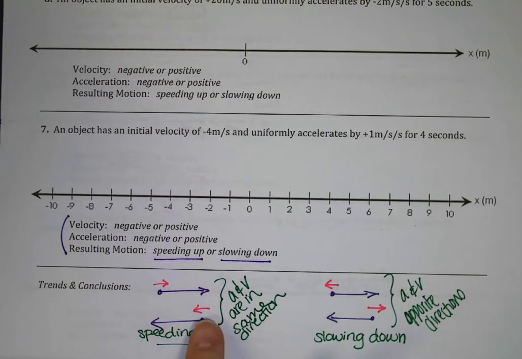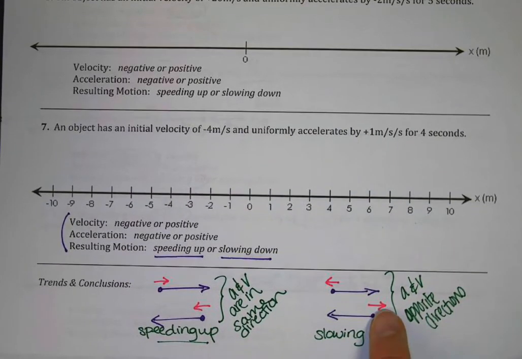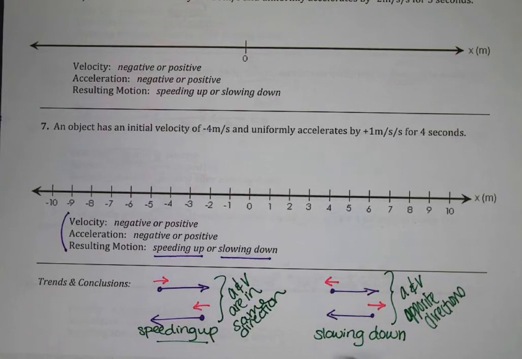So even with a negative acceleration, you can be speeding up. Even with a positive acceleration, you can be slowing down. I hope that clarifies the fact of acceleration being a vector and the fact that you can have objects accelerating that are slowing down or speeding up.